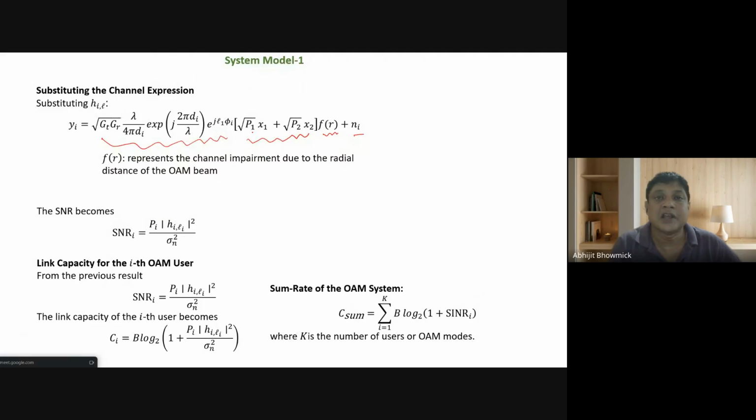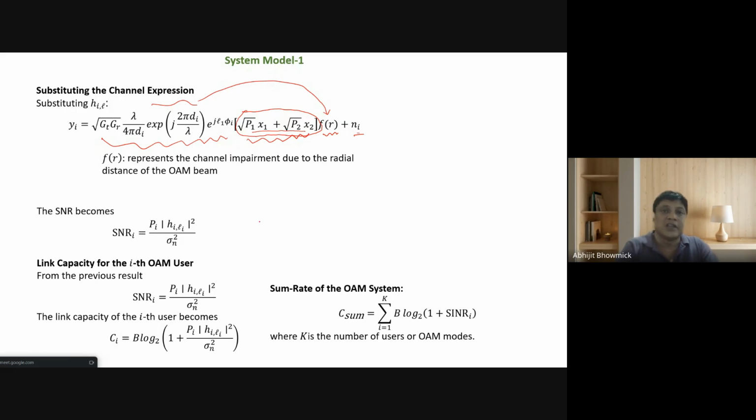And this is basically the signal part that was transmitted, and this is the AWGN. So basically, this is the user 1, user 2 information, and the rest is coming from wave transmission.